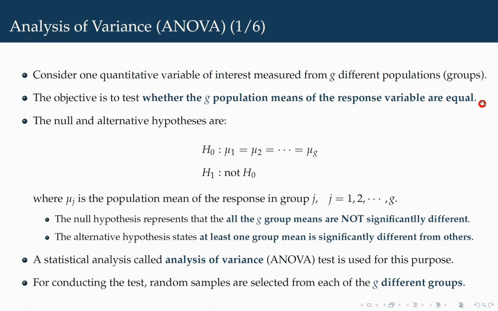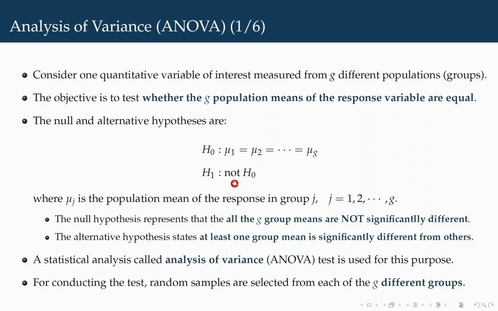So the interest here is to test whether the G population means of the response variable of interest are equal or not. And the null and the alternative hypothesis can be written as mu1 equals mu2 equals mu G, and for that of the alternative hypothesis, we may say not H0.